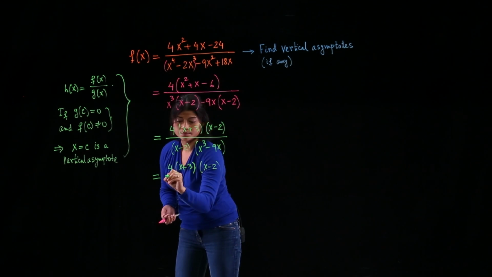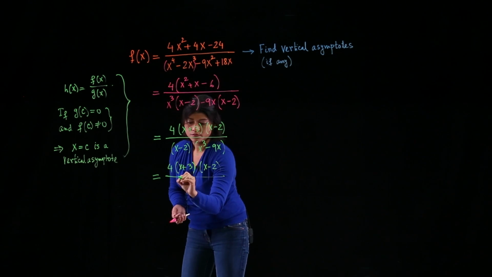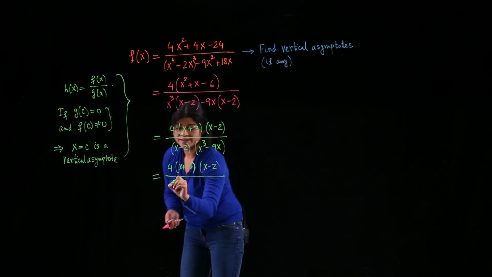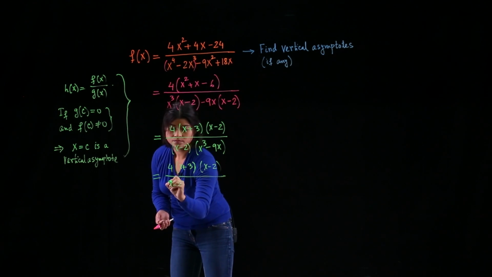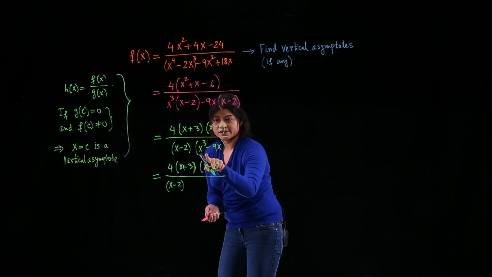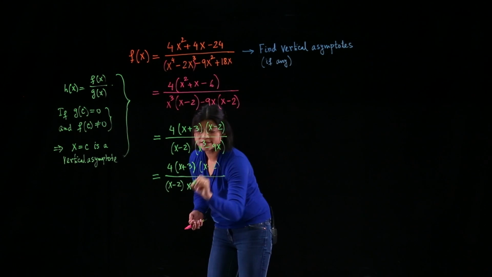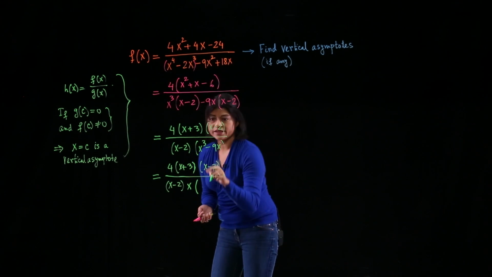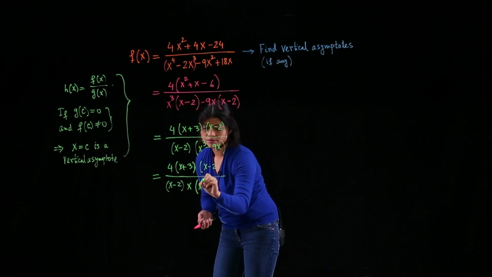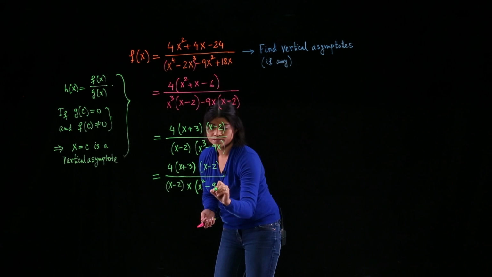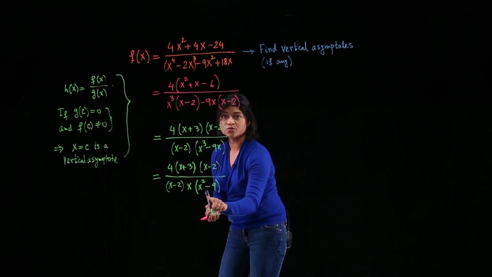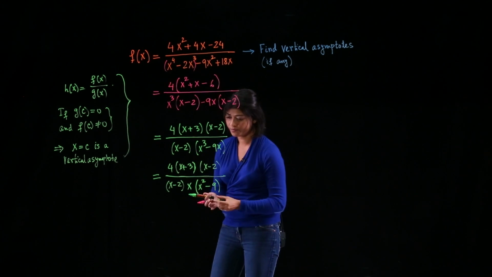And the denominator, we have x minus 2. Okay, let's see. x cubed minus 9x. Of course, there's a common factor of x. And then you'll be left with x squared minus 9. Well, this is a difference of 2 squares, so you can factor that further.